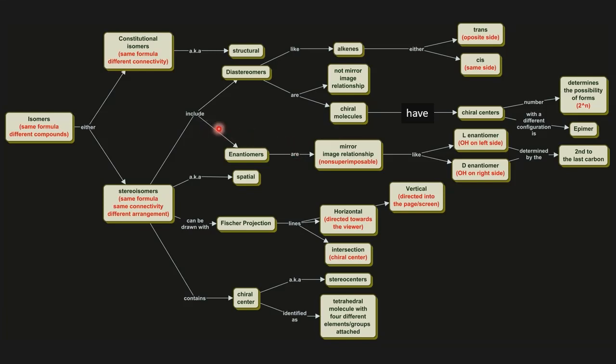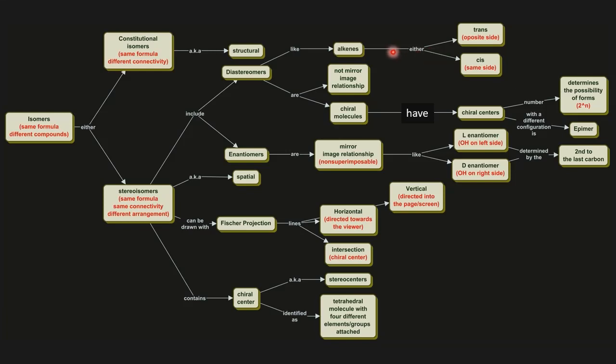The other type of stereoisomerism is called diastereomers. An example of diastereomers is the alkenes, which have the cis and trans notation. In cis, all the groups attached to the double-bond carbons are located on the same side, while in a trans configuration they are located on opposite sides.